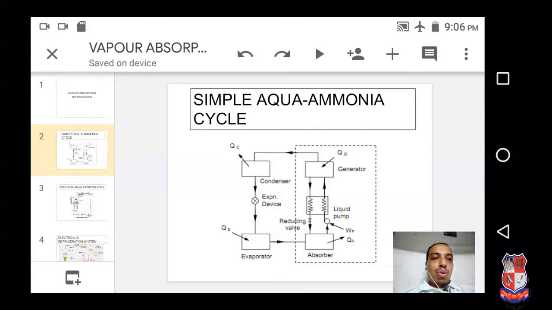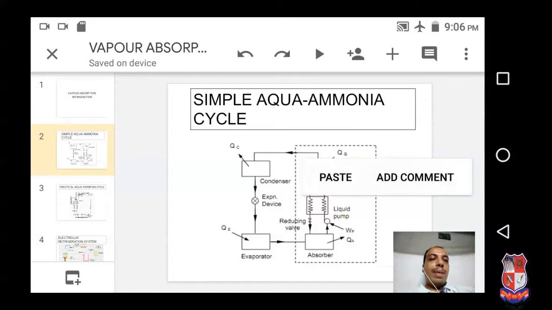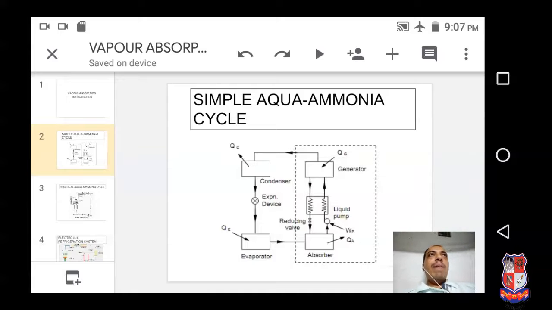When this low pressure low temperature vapor ammonia enters the absorber, the absorber is totally filled with water. The water is at a low temperature, because at low temperature water has a higher affinity to absorb vapor ammonia. At around 12 to 13 degrees Celsius, ammonia vapor is absorbed the most.